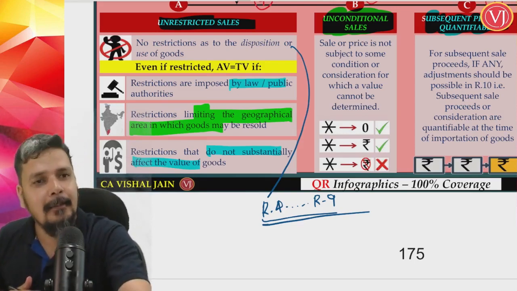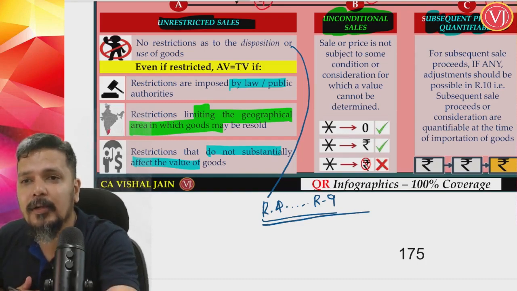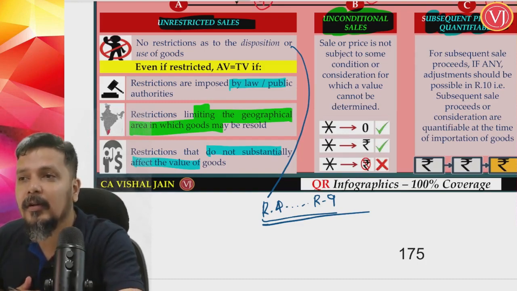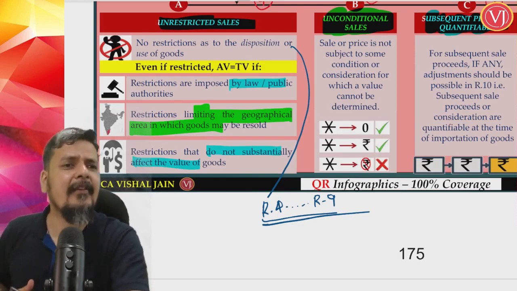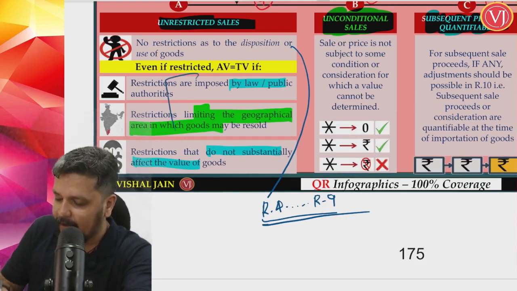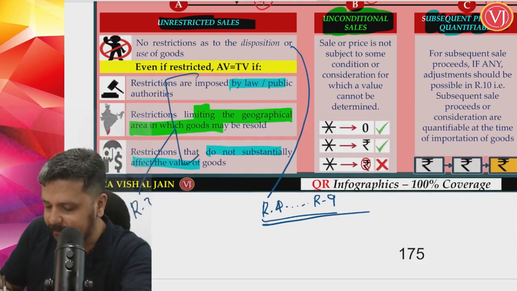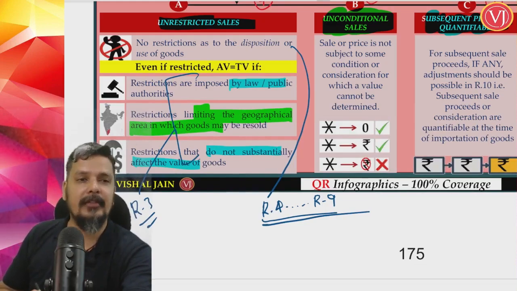That item would have been imported long back, but they'll tell the importer, don't sell it before a particular date. That is a restriction, but is it affecting the value? No. In all these three exceptions, even though there is a restriction, you will remain in rule 3. You will remain in rule 3.